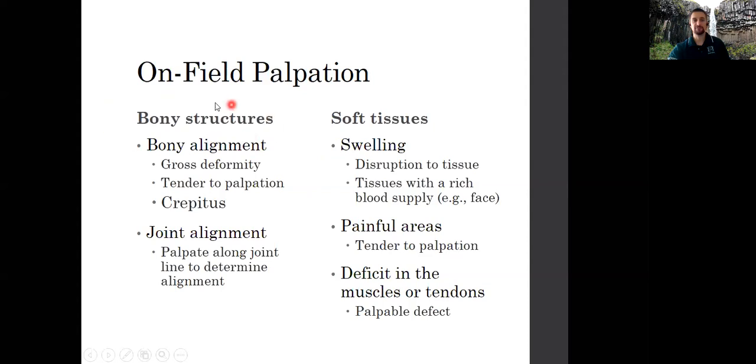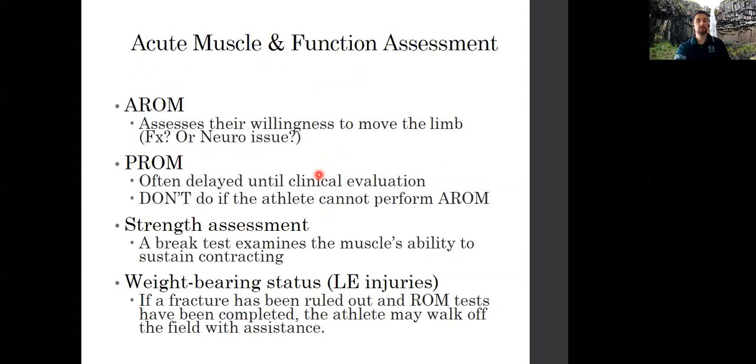And then after you think about what the bones and the joints are like, you move on to the soft tissues, so ligaments, tendons, and then muscle fibers. And then, if you think at that point they have a fracture or dislocation from the palpation, you're obviously going to stop and call 911. If you don't think they have a severe injury, then you can ask them to move it, right?